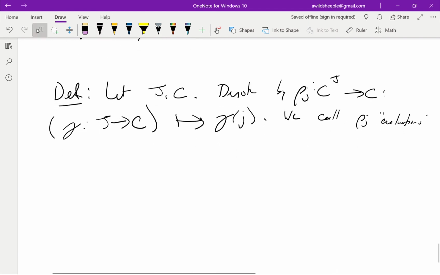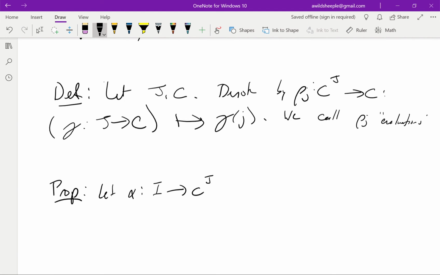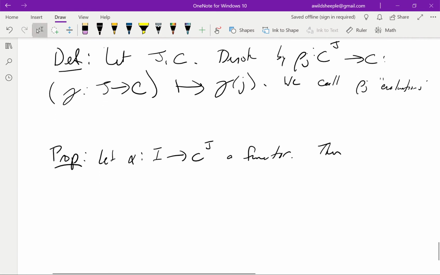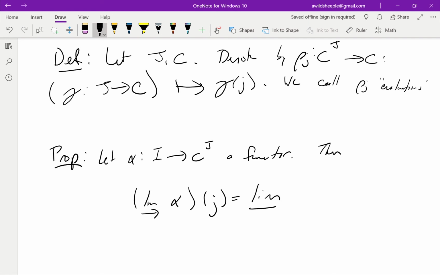And with this definition, we have our first proposition. Let's say we have a functor α from I to C^J. Then the forward limit of the alphas is the same thing as the forward limit of ρ_J composed with alpha.